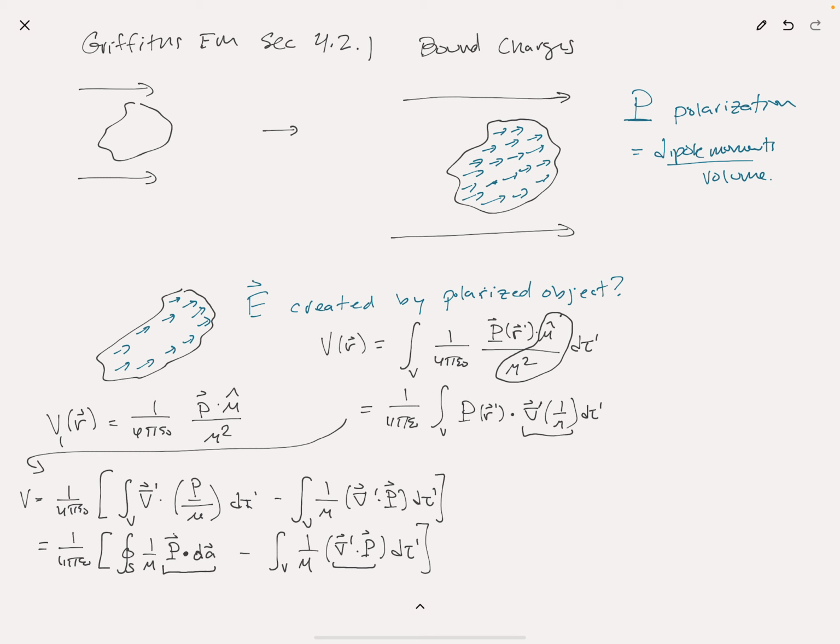The goal here is to say, all right, well, if I have a polarization dotted with a dA, I can kind of redefine that as some number of charges that sit on a surface, right?